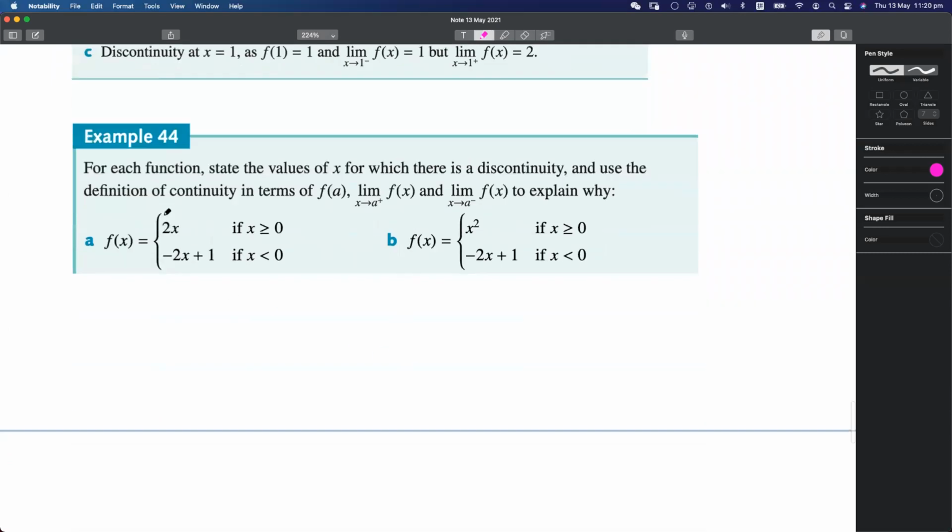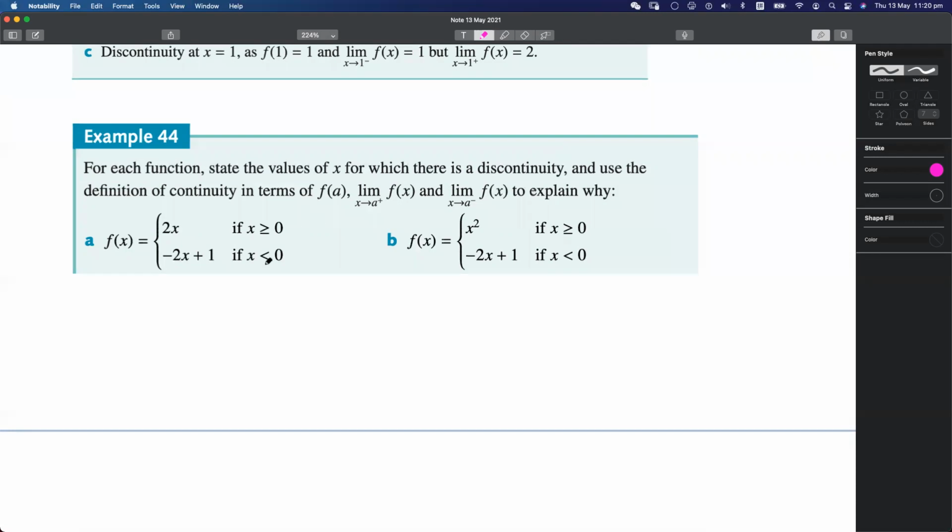Okay, last example. For each function, state the values of x for which there is a discontinuity and use the definition of continuity in terms of f of a, the limit of f of x as x approaches a from the positive side, and from the minus side, to explain why.